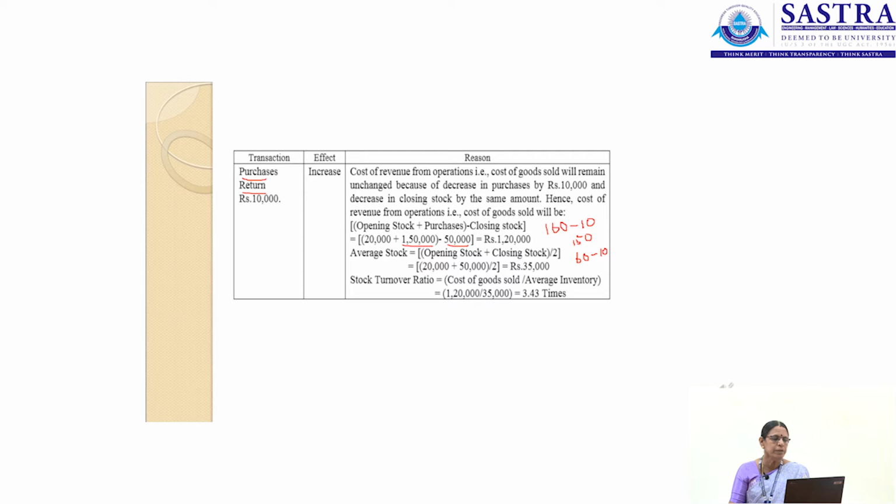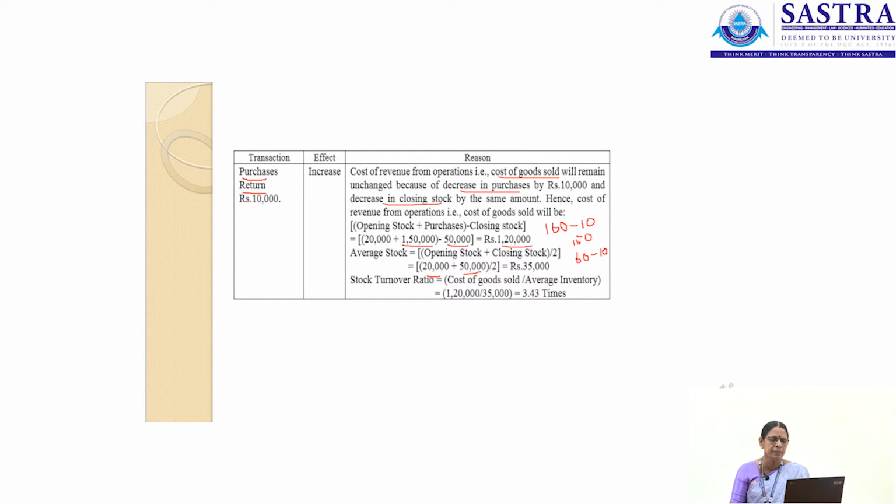So whenever we have returns of 10,000 rupees, your cost of goods sold remains unchanged, because a decrease in purchases by 10,000 will have a decrease in your closing stock by the same amount. Hence the cost of revenue from operations, that is your cost of goods sold, is again 1,20,000 rupees. Now average stock is 20,000 opening stock and closing stock decreased by 10,000, that is 50,000 rupees.